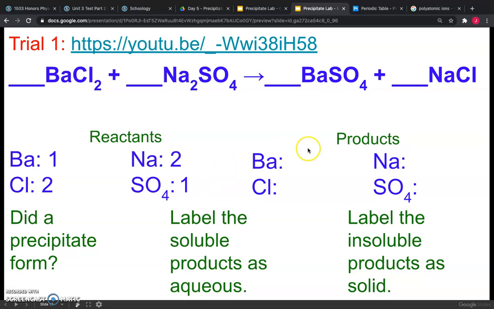And on the right side, on the product side, I count 1 of each: 1 barium, 1 sulfate, 1 sodium, 1 chlorine. So we need to balance the sodiums and the chlorines because we have 2 on this side and 1 of each on this side. We'll do that by putting a 2 in front of NaCl. And that will change the number of sodium atoms and the number of chlorine atoms to 2.